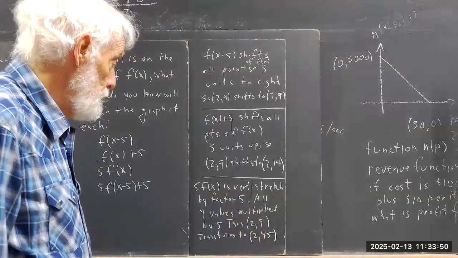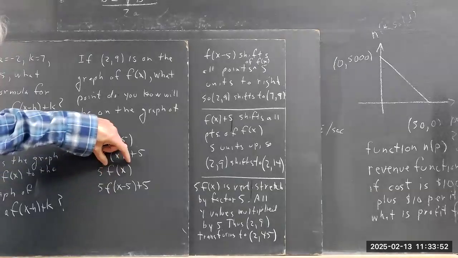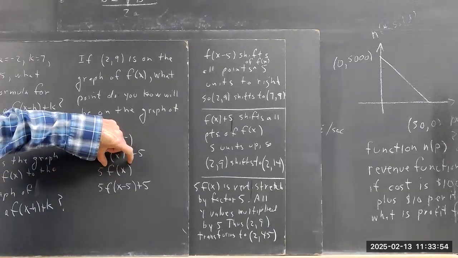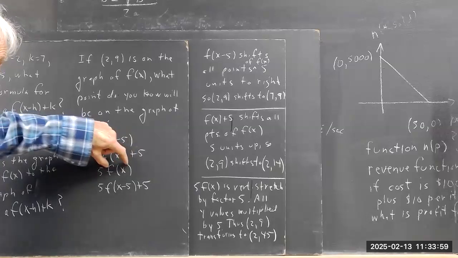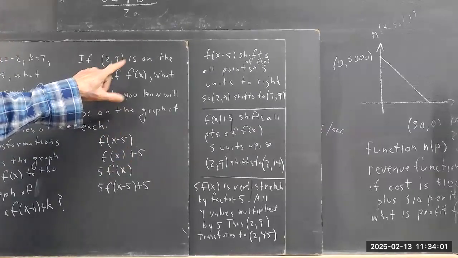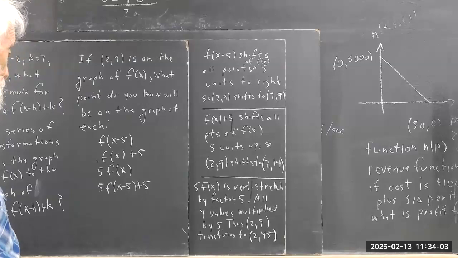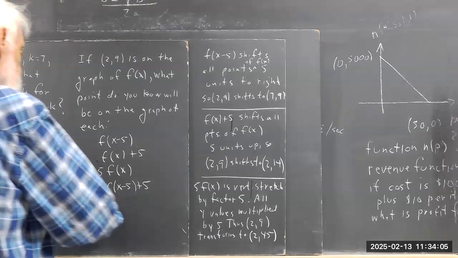You multiply the y value by 5 because what? f of x is the y value, right? So multiplied by 5, that y value is going to become 5 times as great. Then, and I'll do this down here.